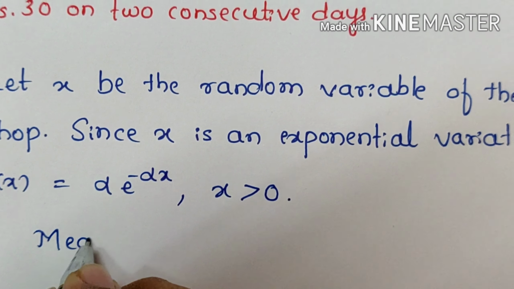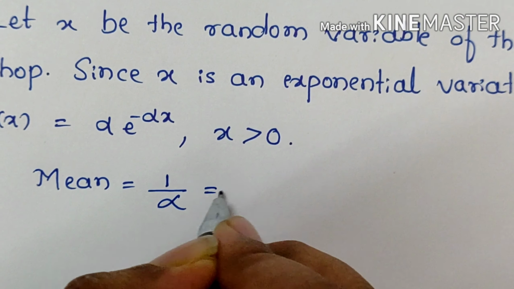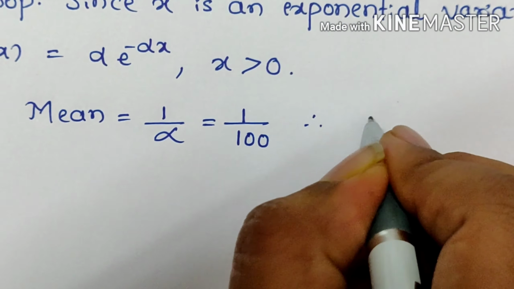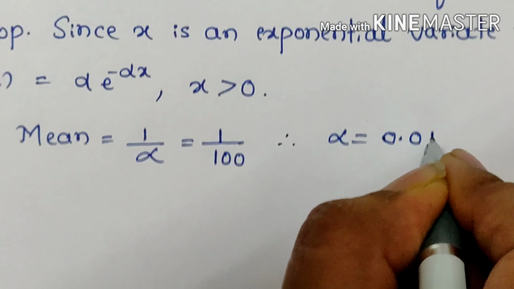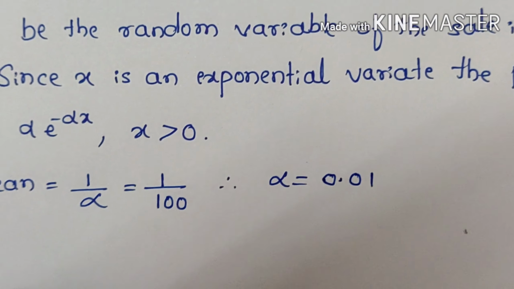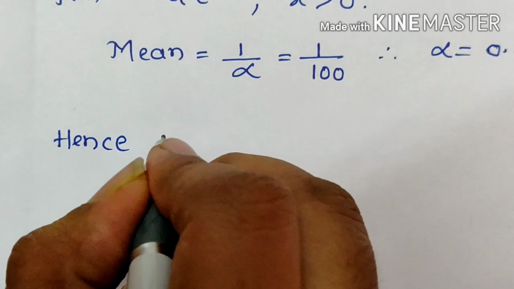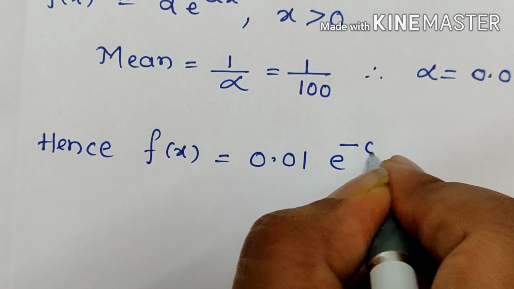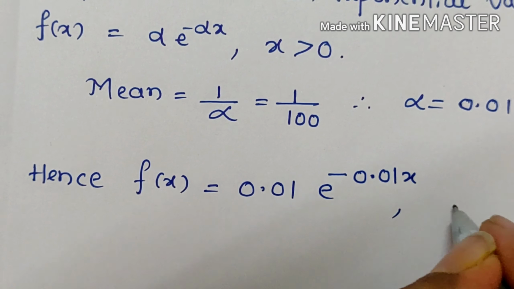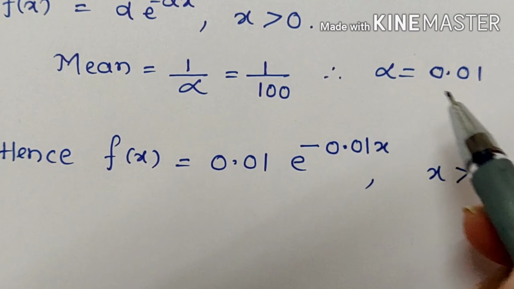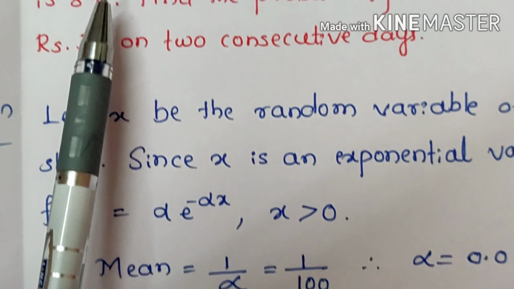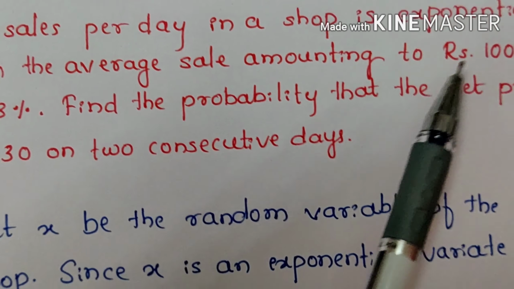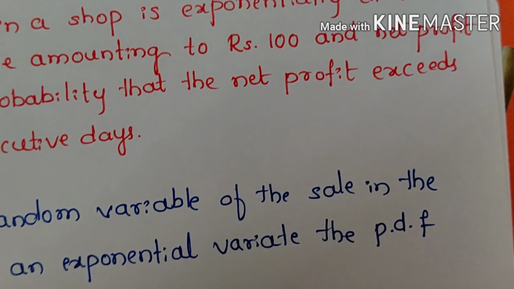The mean for the exponential distribution is 1 by alpha, that is 1 by 100 here. Therefore alpha is 0.01. Hence f of x is 0.01 e raised to minus 0.01 x, where x is greater than 0. Why did we take alpha as 1 by 100? Because we are given an exponential distribution with average sale of rupees 100, so that is considered as the mean.